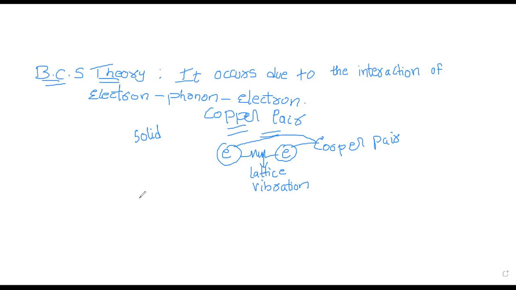This interaction is possible with respect to the phonon in certain materials, that is, at some critical temperatures the materials exhibit the special property of superconductivity. This phenomenon is what we call the BCS theory, right?